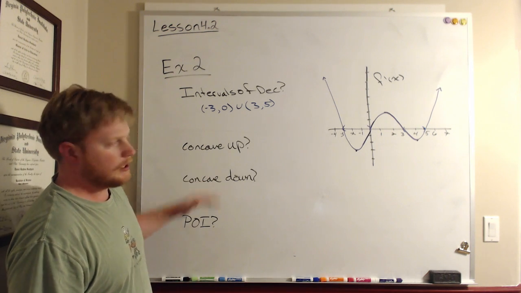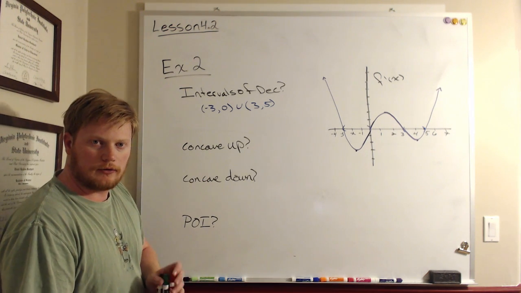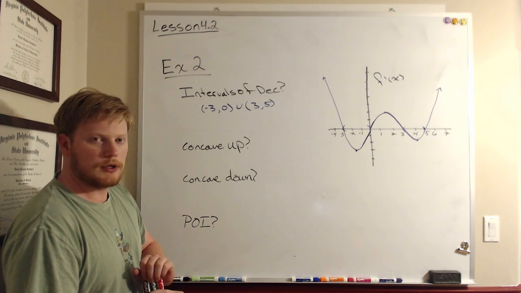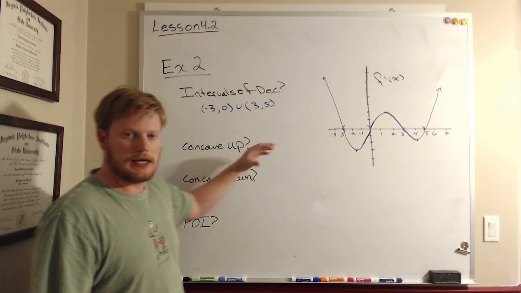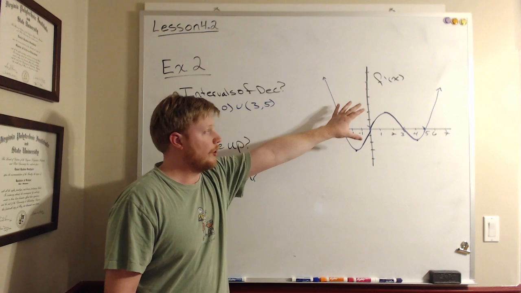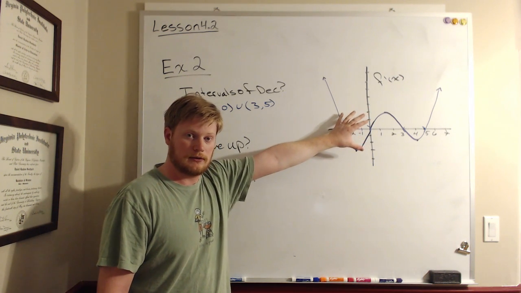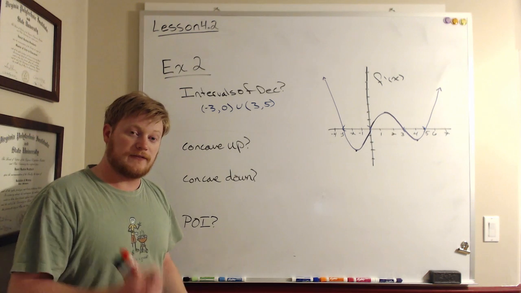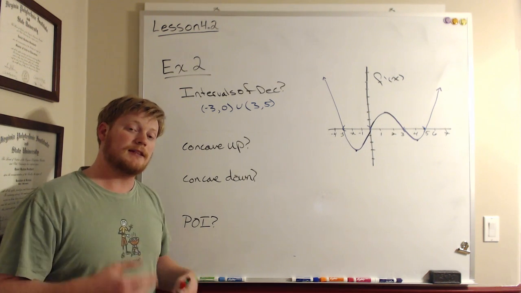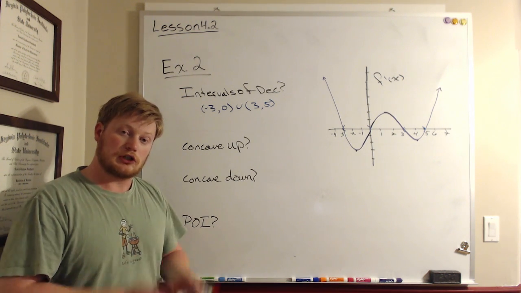Okay, where am I concave up and where am I concave down? Now that's a little bit trickier of a question because remember, concavity was something that we got out of the second derivative, but we're only given the first. Well, when you find the derivative of a function, you're finding its rate of change. You're finding the values of the slopes.